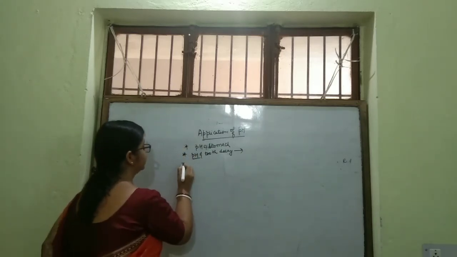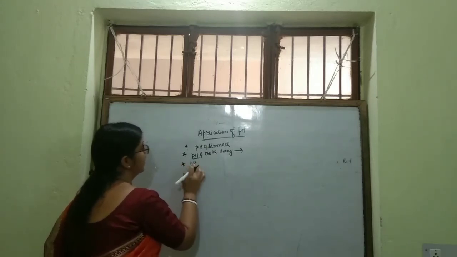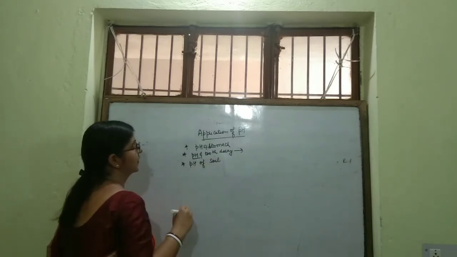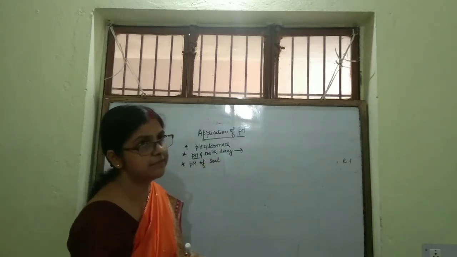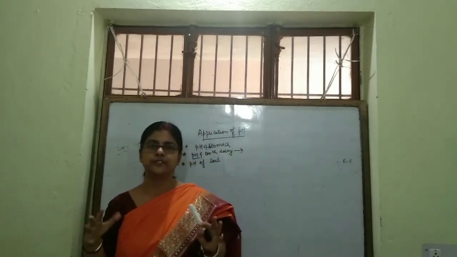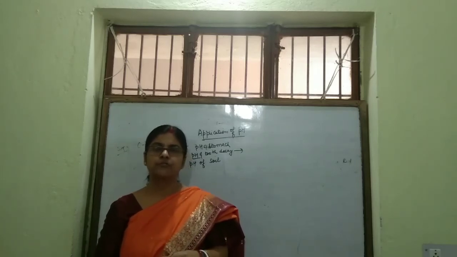Next is pH of soil. Sometimes the soil becomes very acidic. What do the farmers do then?